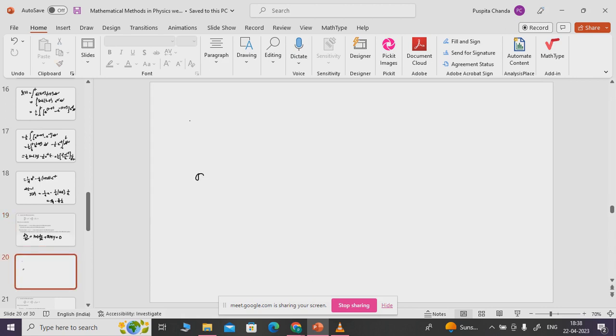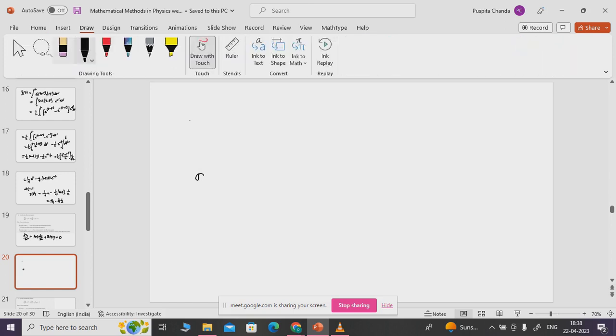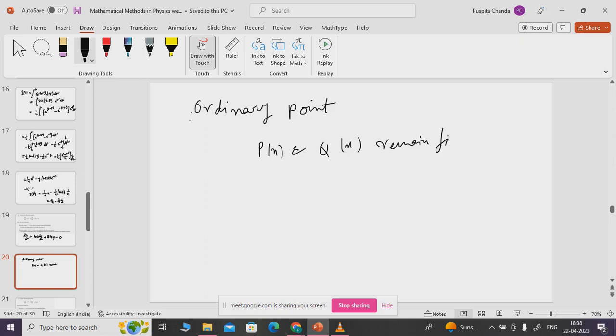An ordinary point is where p(x) and q(x) remain finite at x = x₀, then they are ordinary points.